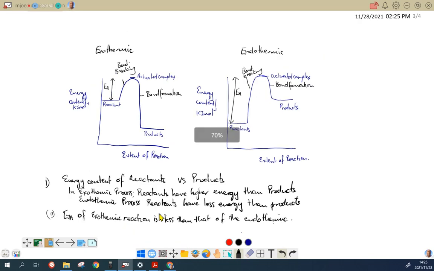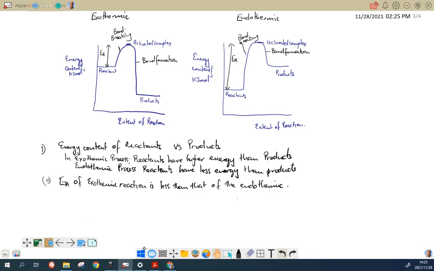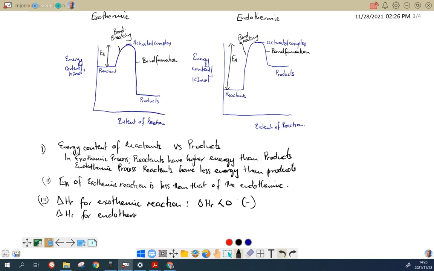The other thing which is quite clear is the enthalpy of reaction, delta H R. For an exothermic reaction, delta HR is less than 0, or negative, and for the endothermic process delta HR is greater than 0, which is going to be a positive answer.